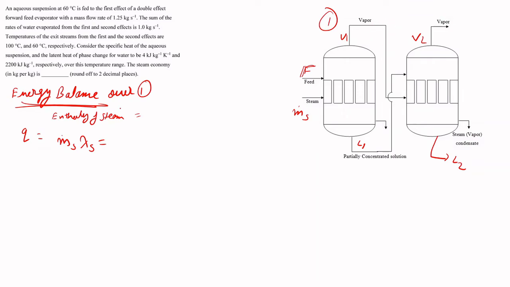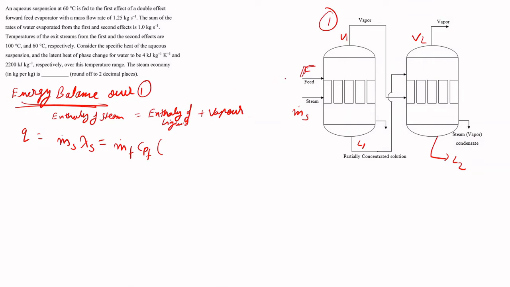Similarly, this steam will be used to vaporize this liquid. Okay, so that we can write it as enthalpy of liquid plus vapor, mass flow rate of feed into Cp of feed into the temperature change of the feed.